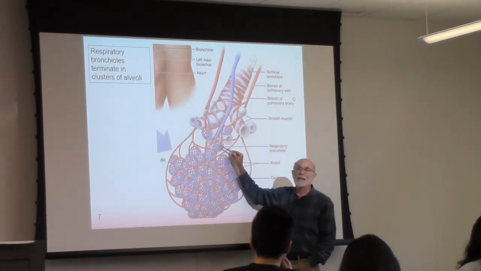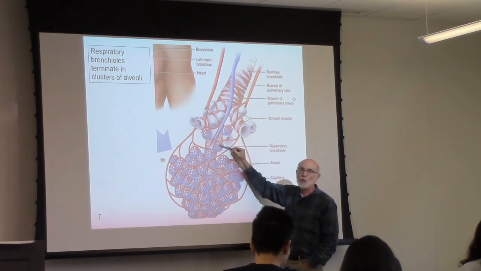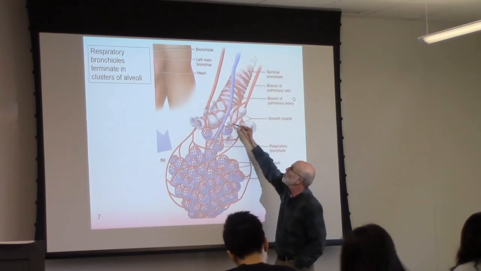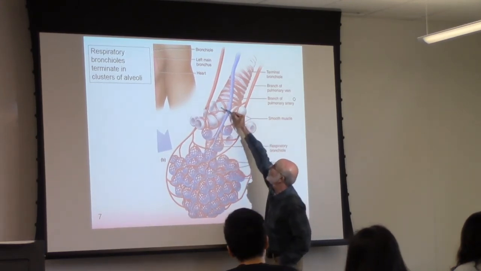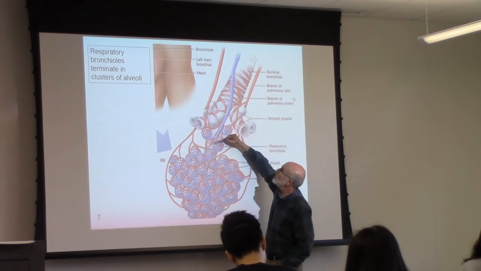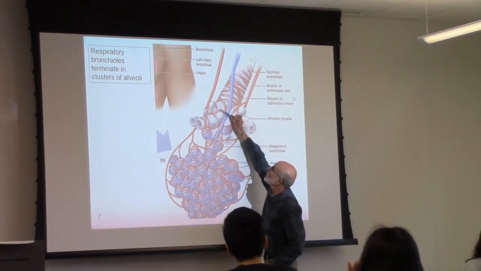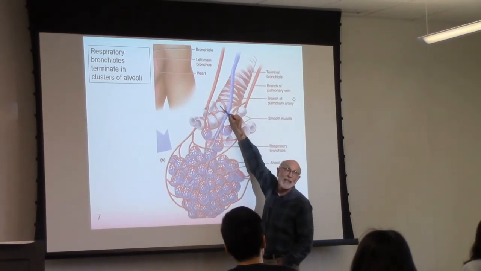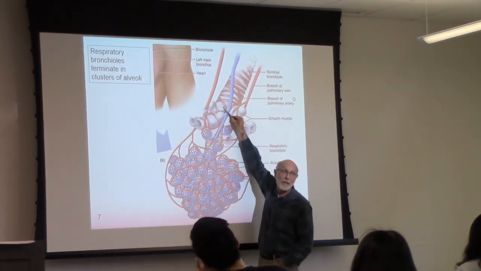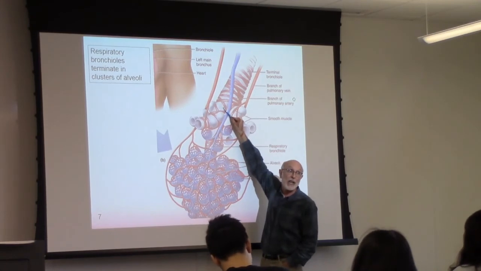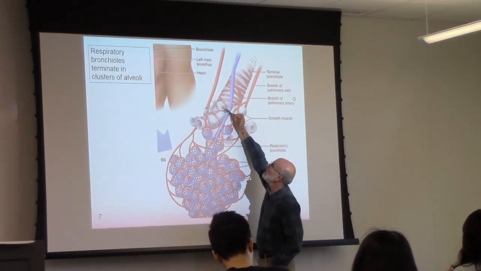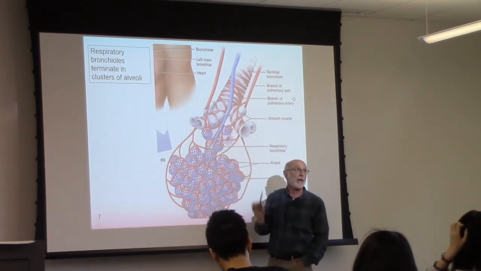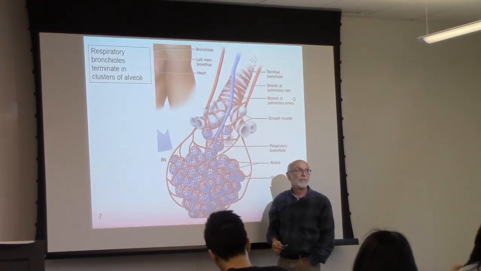So it's bronchiole that is doing gas exchange, so it's respiratory. Here's bronchiole that is just the same size as this one, but this bronchiole is respiratory, and this bronchiole is conducting, because there are no alveoli here, there's no gas exchange. And so this would be the junction between conducting bronchiole and respiratory bronchiole. I think that makes sense.